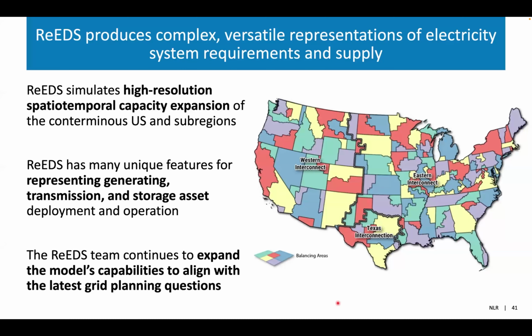It's a contemporary open source model. New versions of ReEDS are released to the public repository on a monthly release schedule, complete with release notes outlining all the new model features and changes, comparisons from previous versions, and bug fixes. And lastly, it's a living model. What I mean by that is that the model is supported by a team of over 40 developers and analysts working every day to make improvements to model capability, efficiency, and transparency.